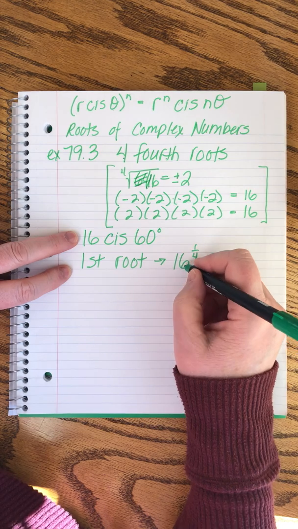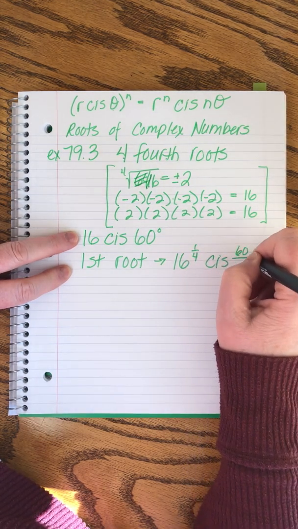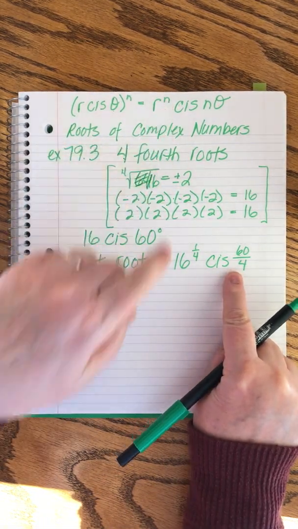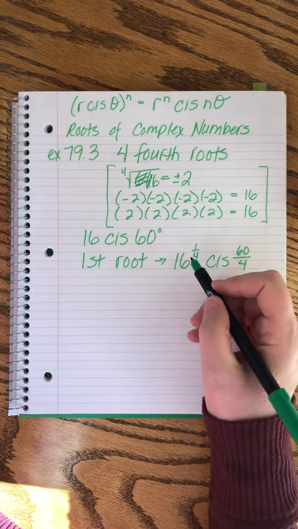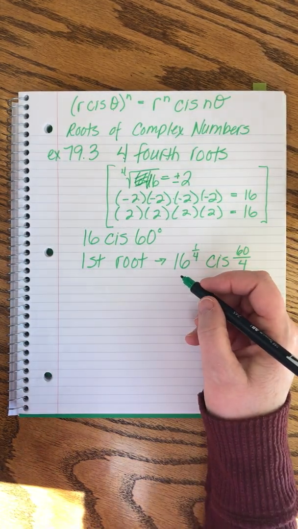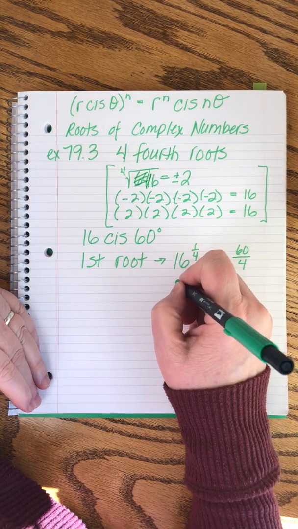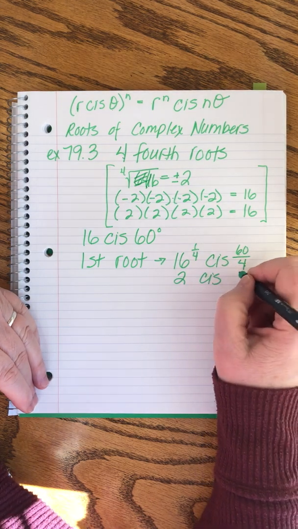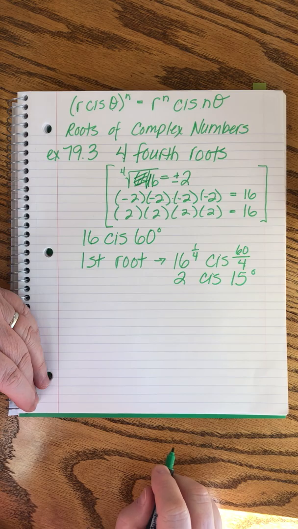We'd find the fourth root of 16, and then we would divide 60 by 4, right? That's this in the opposite. The fourth root of 16, well, we just figured that out. It is positive 2. And then 60 divided by 4 is 15 degrees. So there it is.